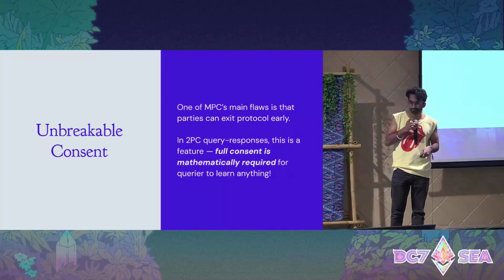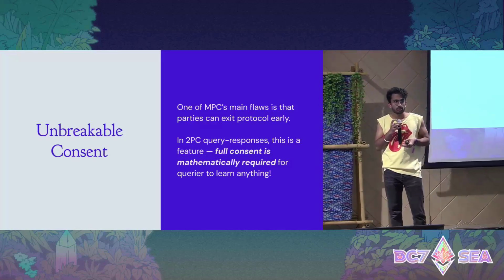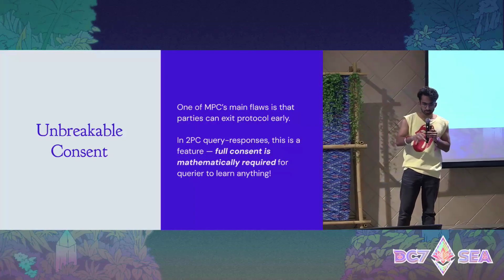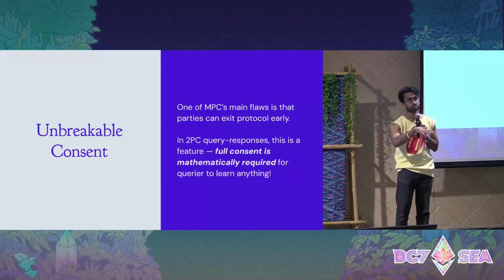Another one is this idea of unbreakable consent. In multi-party computation, there's a general flaw or bug, which is that in this computation, someone can always drop out of the process. This can either break the whole computation, or potentially they can get the result of the computation and leave before other people do.